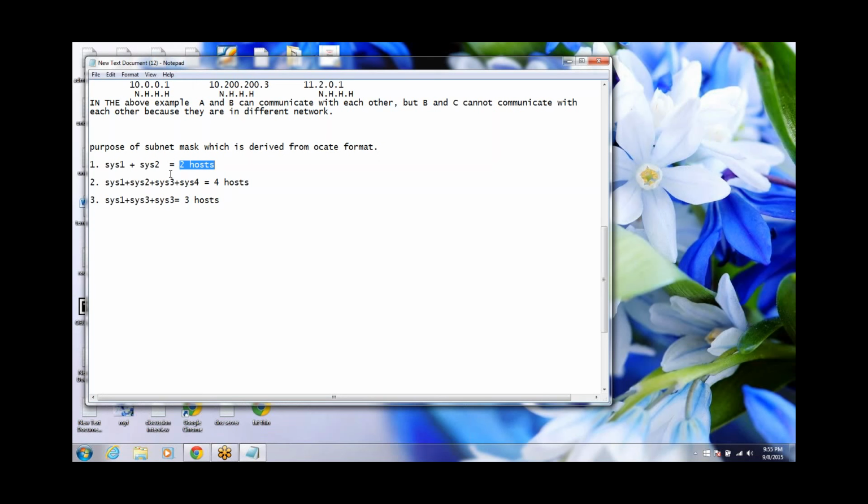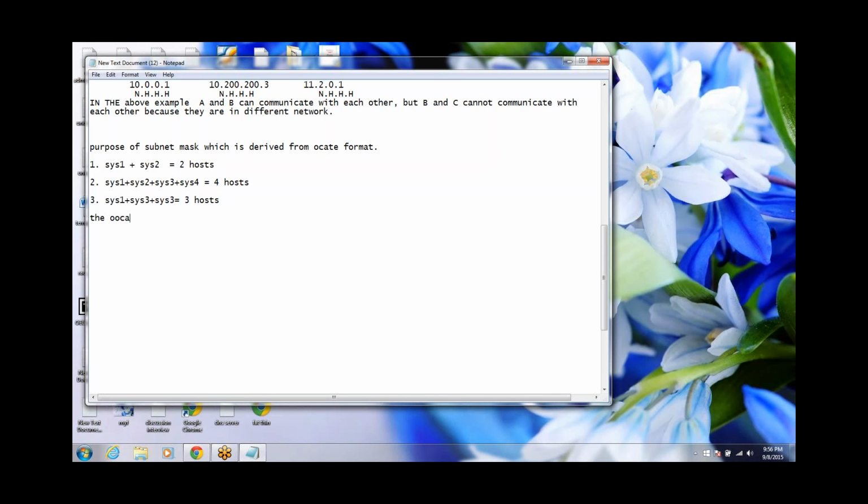Like this, how many networks can you create in class A, and per one network, how many systems can you connect?